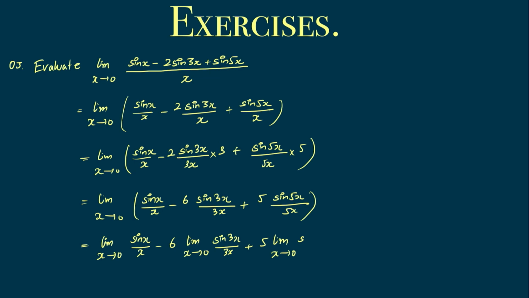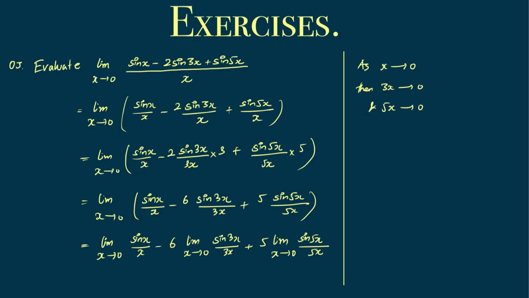But here, as you notice, since the angles are 3x and 3x, my limit should also be with 3x, and similarly here also the angle should be 5x. So as I write x tends to 0, then obviously 3x will also tend to 0 and 5x will also tend to 0.